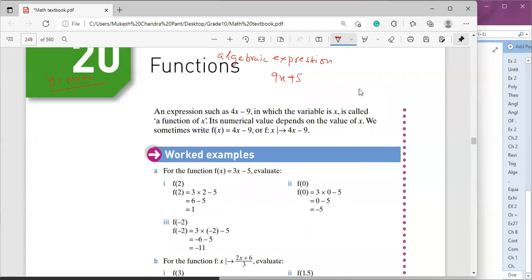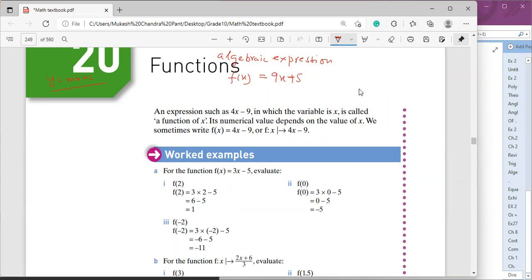When we find the value of this expression, it depends on x. Whatever value of x we take, it will give some value, but that depends on the x value. X is independent. So you just write this equals f(x). This is a function.